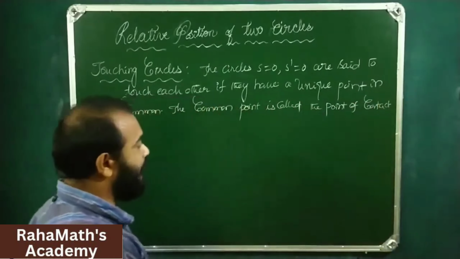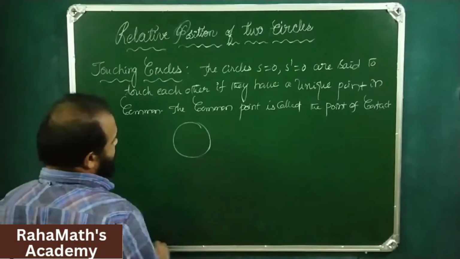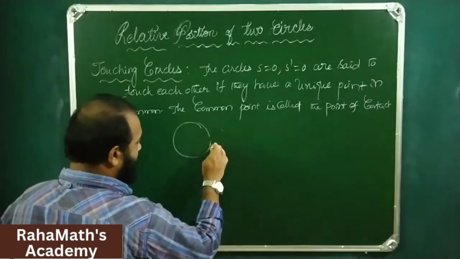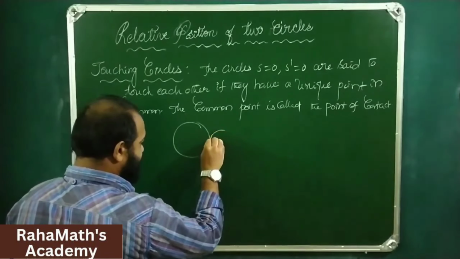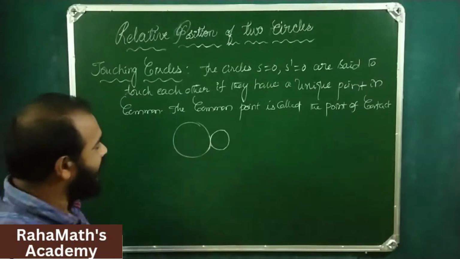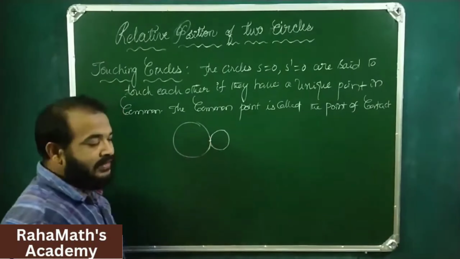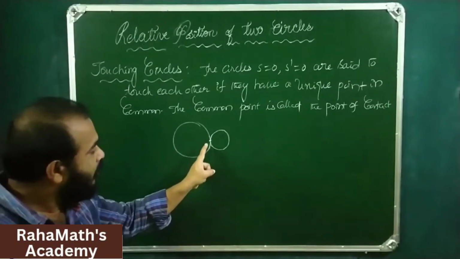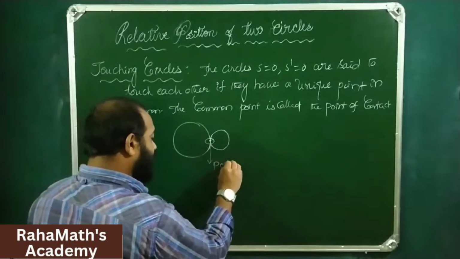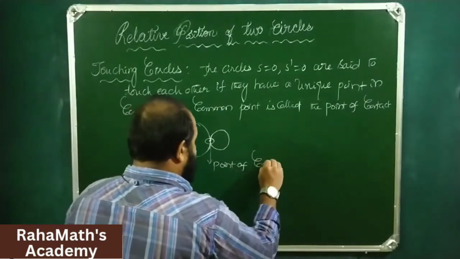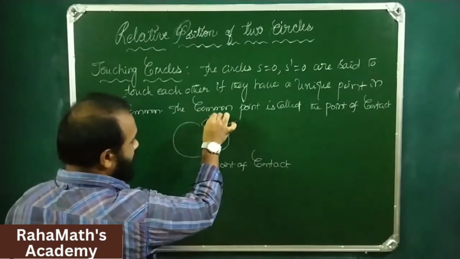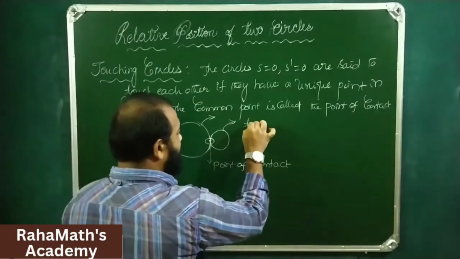For example, let there be two circles like this. They both are touching at one common point. This common point is called the point of contact, and these circles are called touching circles.